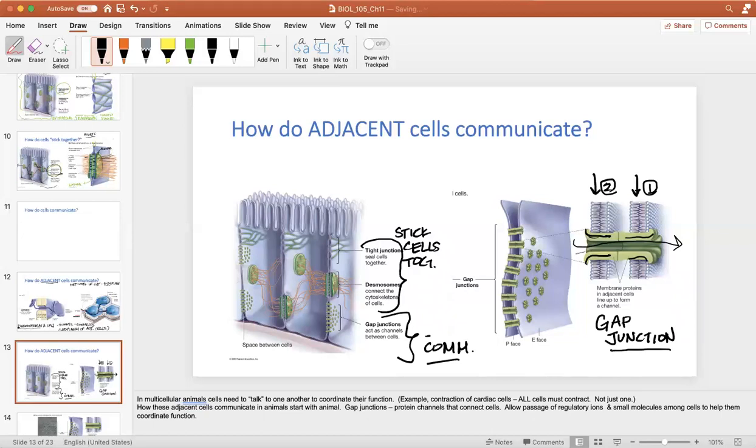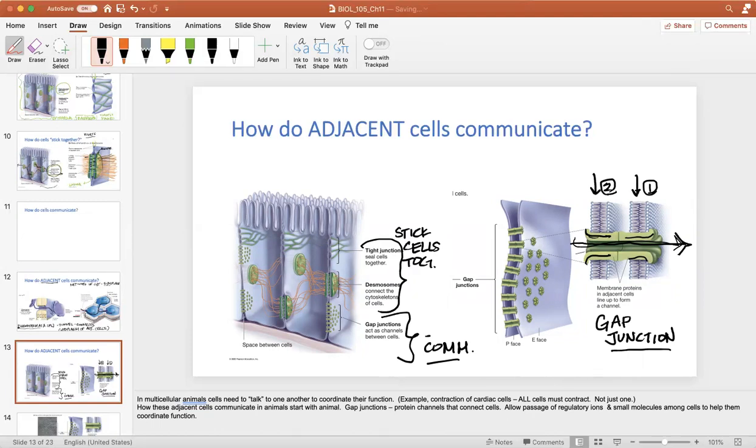So for example, if we were talking about, say, cardiac muscle cells and we want them to all contract together, well, it turns out that cardiac muscle cell contractions are due to changes in ion levels. So now we have a tunnel where ions can flow from one cell to another to get the entire heart to contract all at once instead of individual cells.